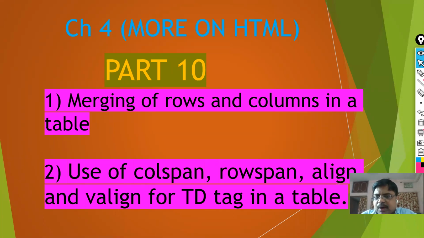What you want to join, the rows or columns, it is up to you. Now, as you have joined your rows and columns and you want them aligned, which way? Either left, center, or right. If it is left, center, or right, then you will use align. And if it is top, middle, or bottom, then you will use valign.